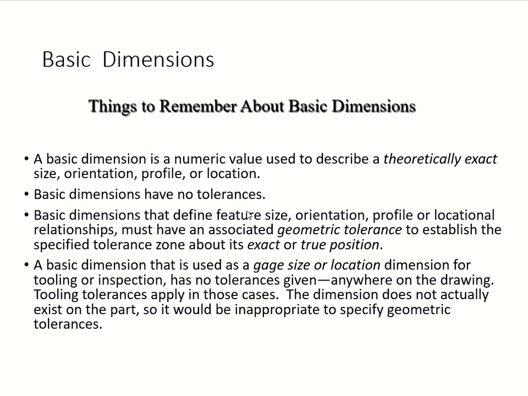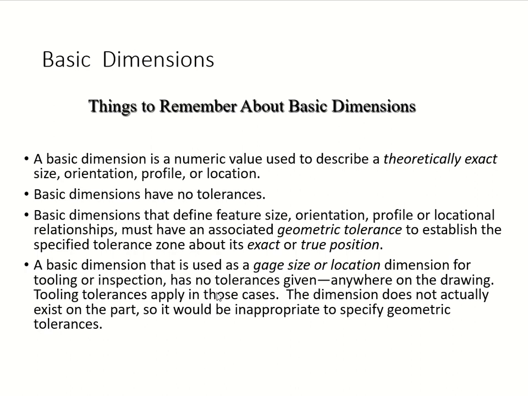Basic dimension usually doesn't come with a tolerance, but a basic dimension that defines your feature size, orientation, profile, or location relationships, you have to apply your geometric tolerance and establish your tolerance zone, of course, your range.